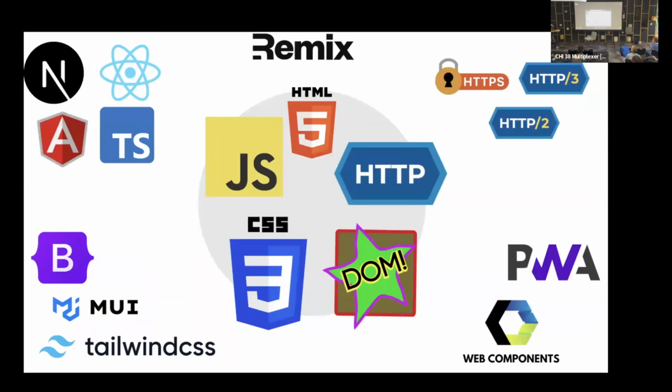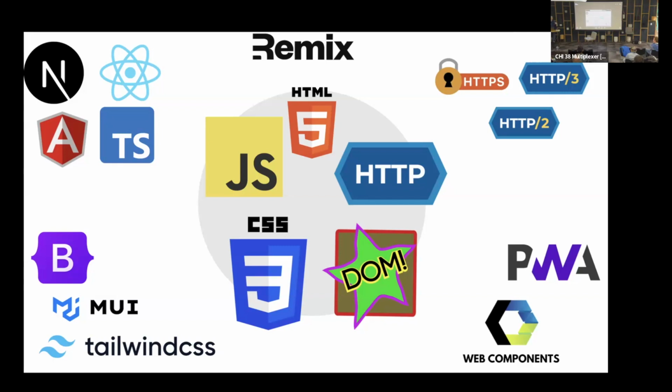Okay, so with this core technology of HTTP, which is how you make requests and responses to servers, HTML, which is the document format, JavaScript, and CSS, an explosion of different tools and frameworks has come from that.